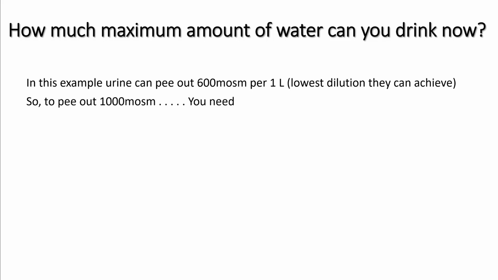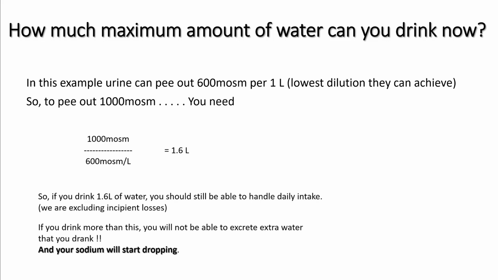So his urine can pee out 600 milliosmol in 1 liter. That is the lowest dilution they can achieve. So to pee out 1000 milliosmol, he will need 1000 by 600, that is 1.6 liters of water. So if he drinks 1.6 liters of water, he should still be able to handle what he ate. But if he drank more than 1.6, his sodium will start dropping.